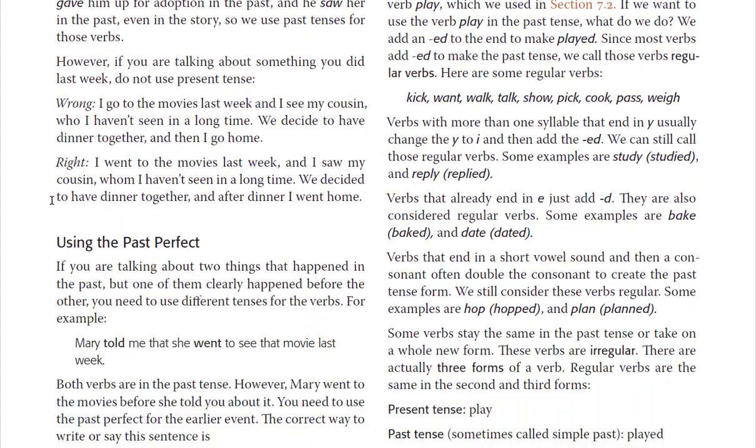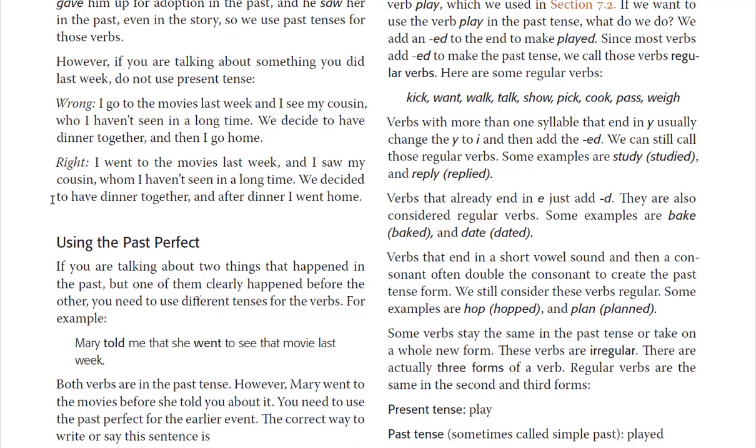Past perfect: if you are talking about two things that happened in the past, but one of them clearly happened before the other, you need to use different tenses for the verbs. For example, Mary told me she went to see the movie last night. Both verbs are in the past tense. However, Mary went to the movies before she told you about it.